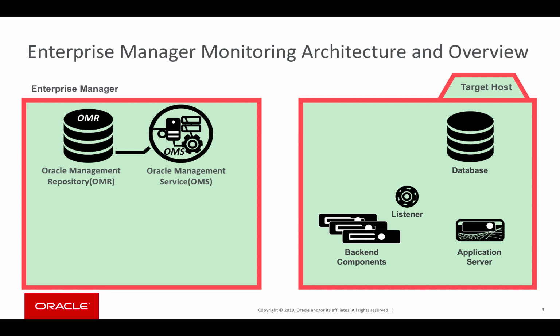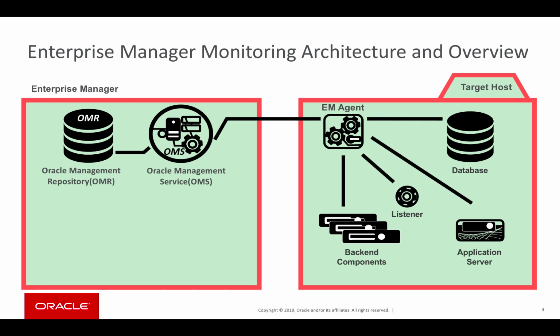And here on the left side of the screen, we have the Enterprise Manager setup. EM consists of three major components: OMS, or Oracle Management Service, OMR, or Oracle Management Repository, and Agent. Agent should be installed on each monitored host. It collects health and performance information from all the targets that reside on that host.